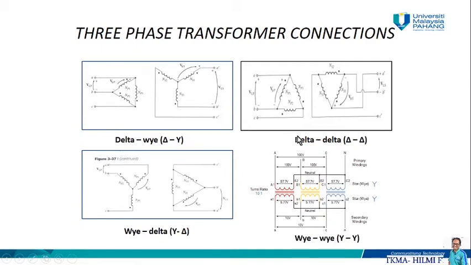And then we have a delta to delta connection. Then we have a Y to delta connection. And we also have a Y to Y connection. So four different transformer connections for a three-phase.